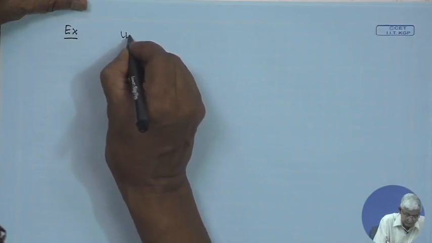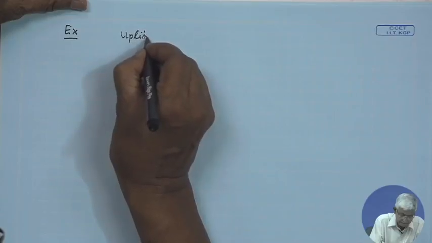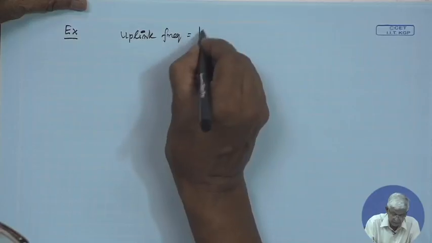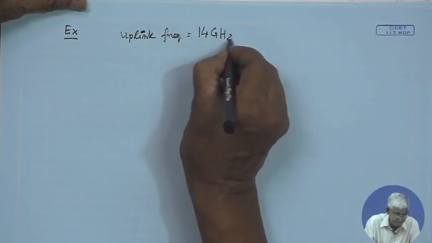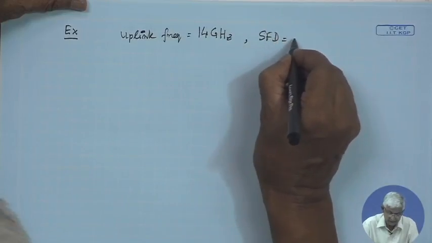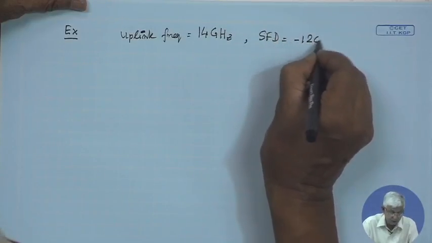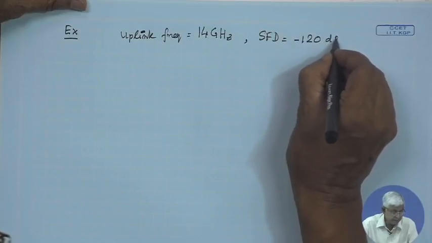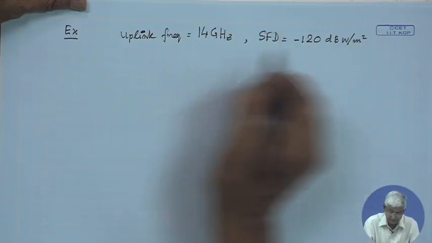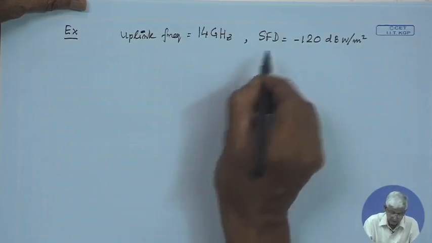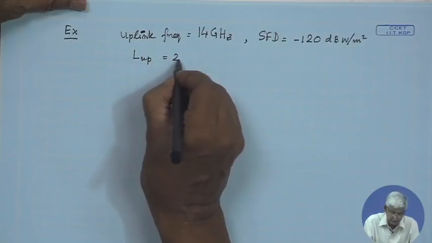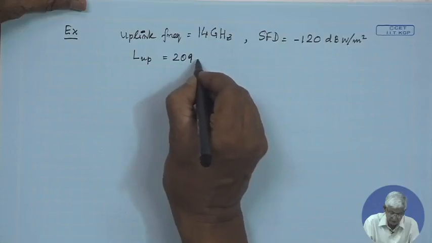Let us call uplink frequency is 14 gigahertz, SFD of the satellite is minus 120 dBW per meter square, saturation flux density for the satellite. The uplink loss is already worked out and given as 209 dB.